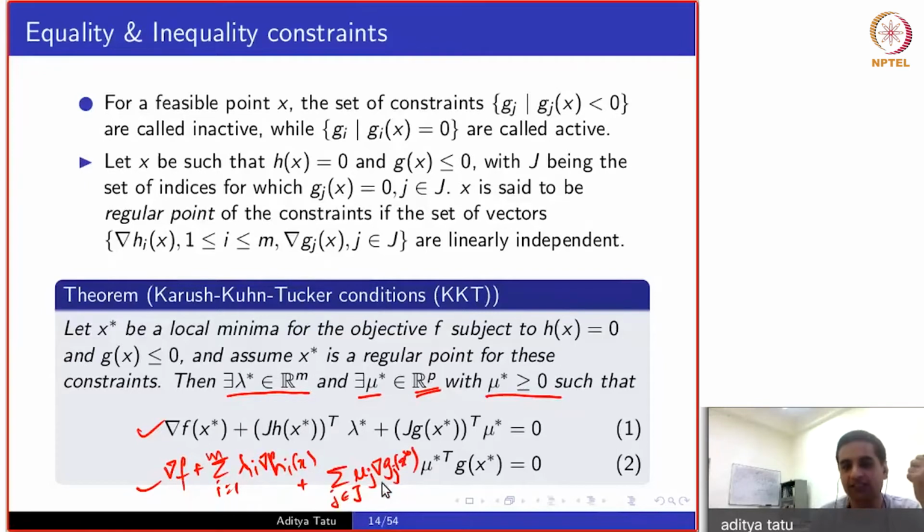This is nothing but the first order necessary condition for equality constraints. This should be 0. That is something we have seen earlier. For all inactive constraints, what I can do is set mu j to be 0. If my jth constraint is inactive, I can set the Lagrange multiplier to be 0. Once I do that, then this equation 1 will be satisfied.